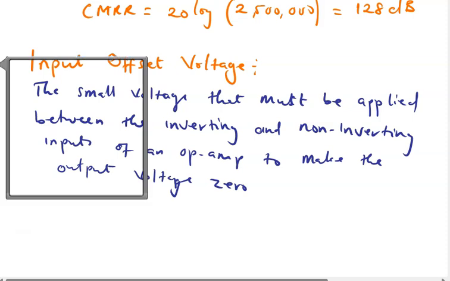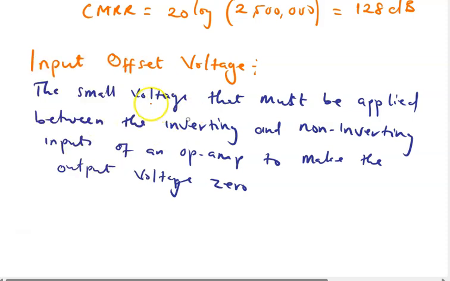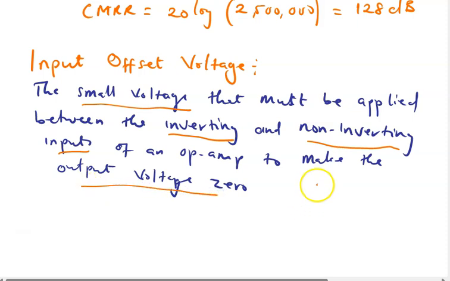So you say that it is the small voltage, you get it, which must be applied between the inputs, that is the inverting and the non-inverting inputs. That will make the output voltage zero. So you want V naught to be zero, right?